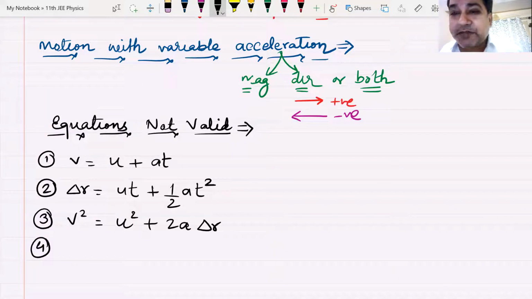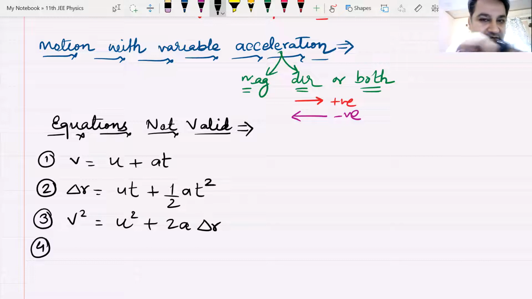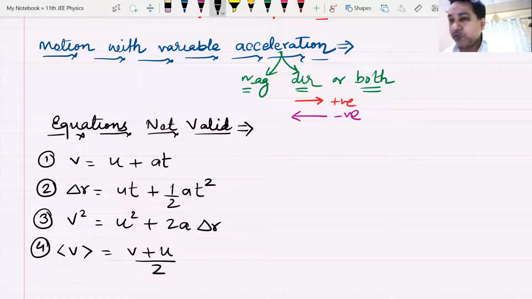Equation number 4, please remember this. This is my favorite equation, not valid anymore, because it is only valid for constant acceleration. Which is that equation? V average is equal to V plus U by 2.